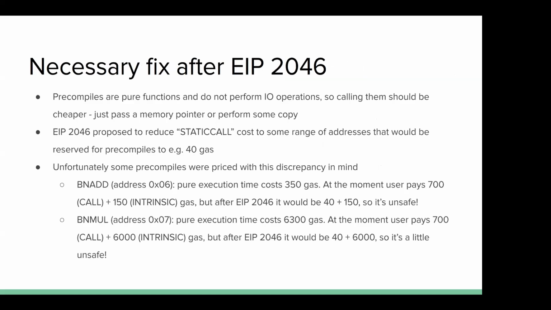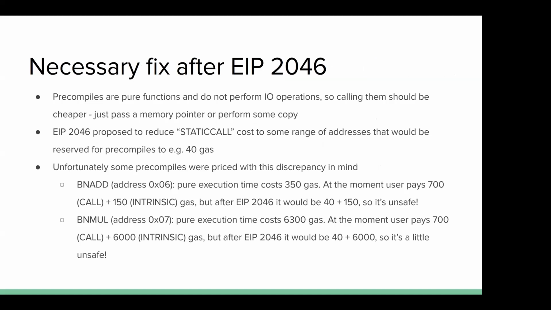And first it comes in if EIP-2666 is accepted, which reduces the price of performing specific calls to precompiles, because those calls, as was mentioned, are quite cheap. They don't need to read anything from disk. So EIP-2666 proposes to reduce the cost of a call for this specific case.